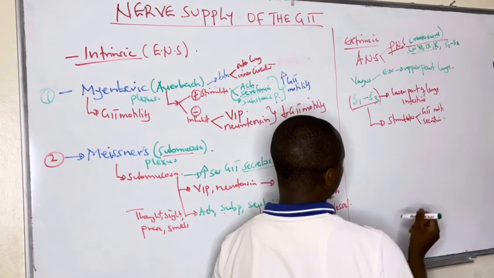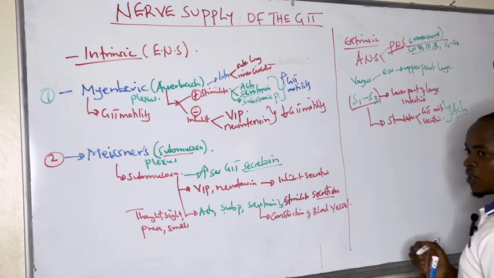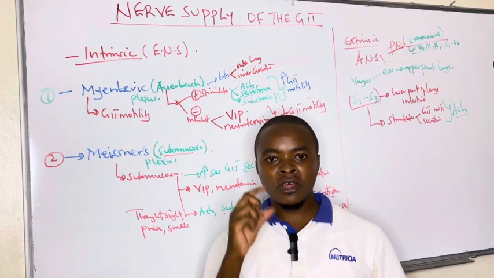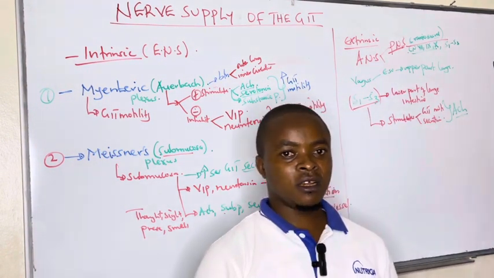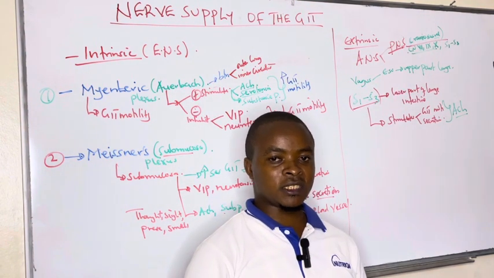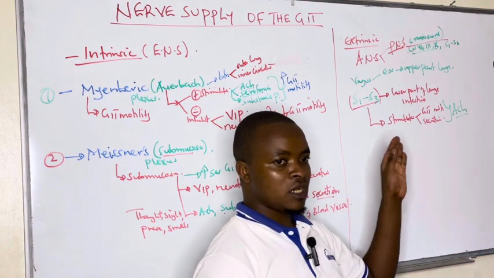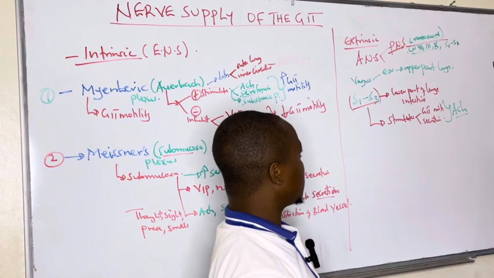They use acetylcholine as their neurotransmitter, both at the ganglion and at the muscular junction, which is responsible for stimulating GIT motility and secretions.